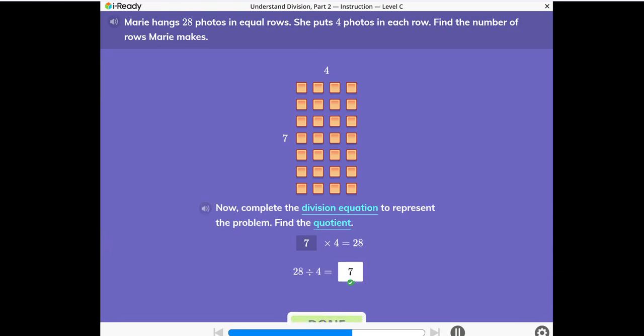How many rows of photos does Marie make? Complete the multiplication. 7 rows with 4 photos in each row equals 28 photos. Marie makes 7 rows of photos. Now, that's right.